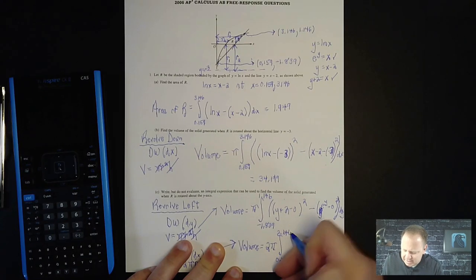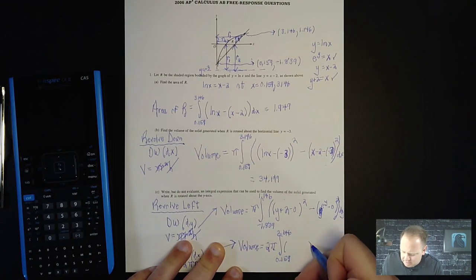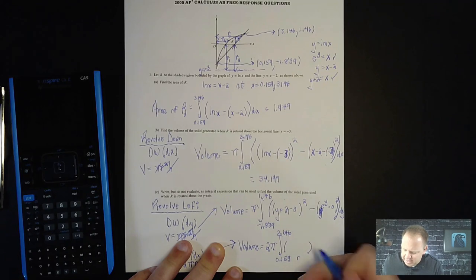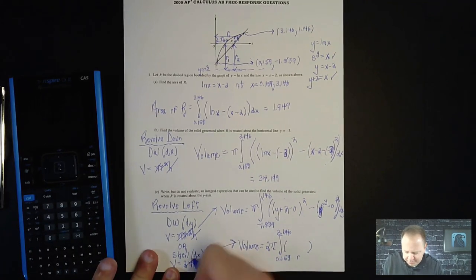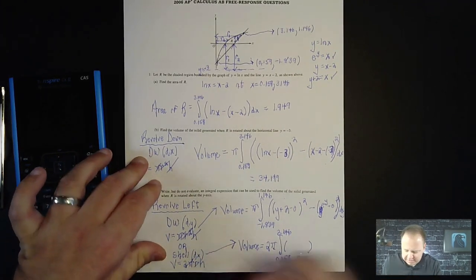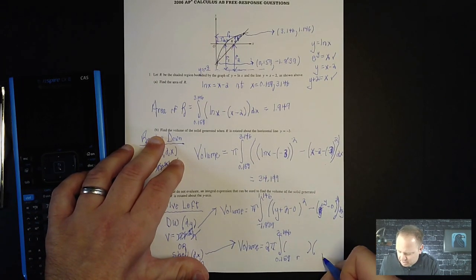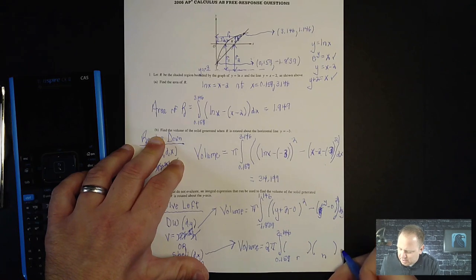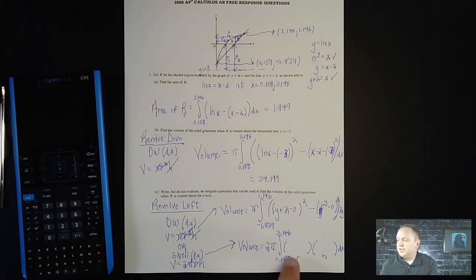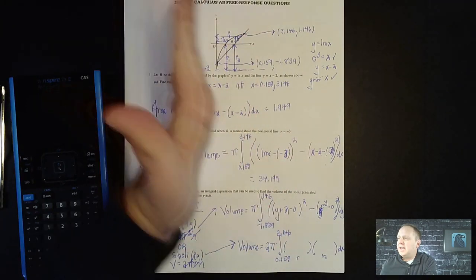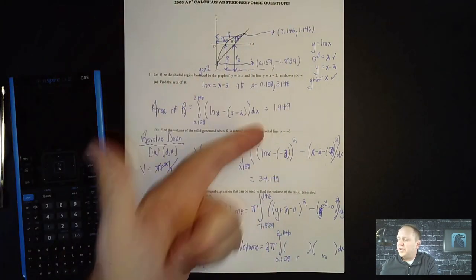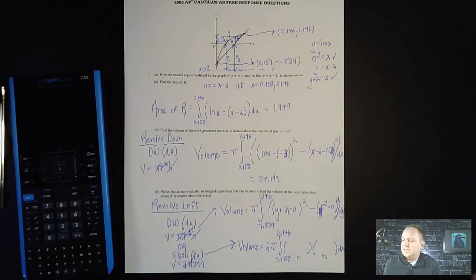But watch why this one's easier. So there's my 2 pi. There's my radius that I need to set up. And then I need to set up a height. And remember, it's me accumulating all of these cylindrical shells from left to right that will fill in as I'm revolving it, to create the volume of this solid.